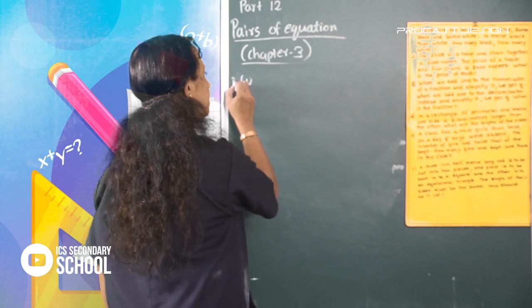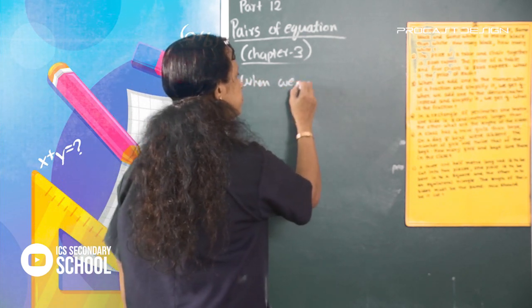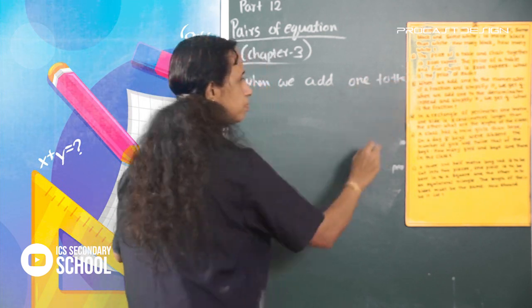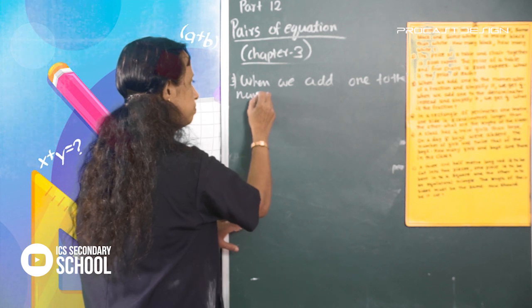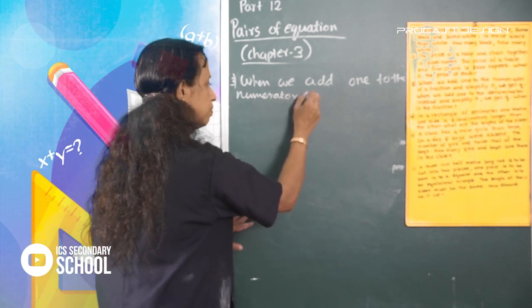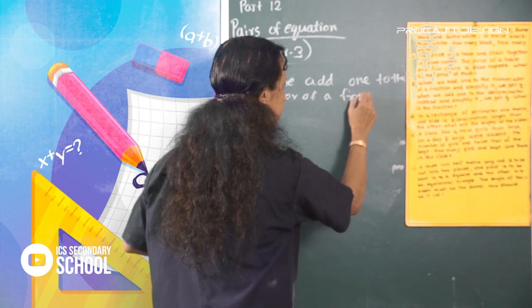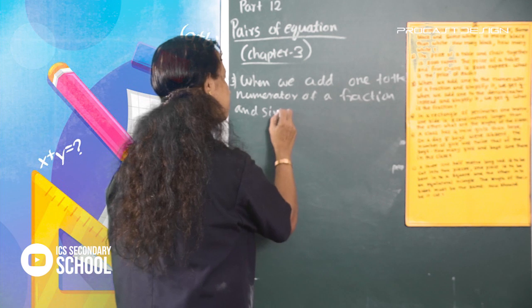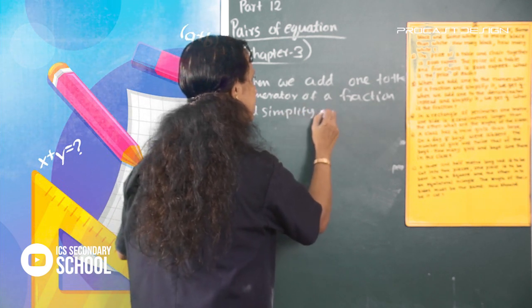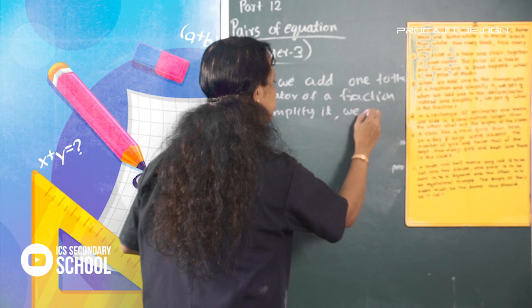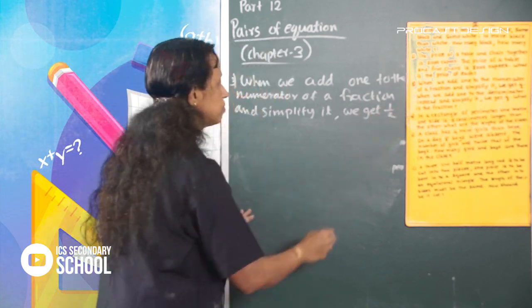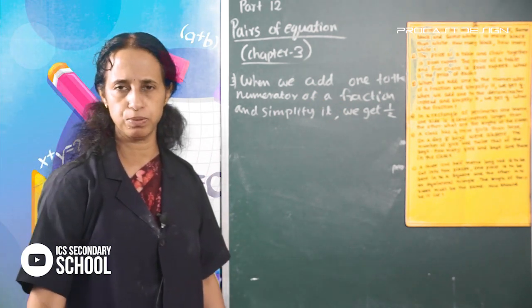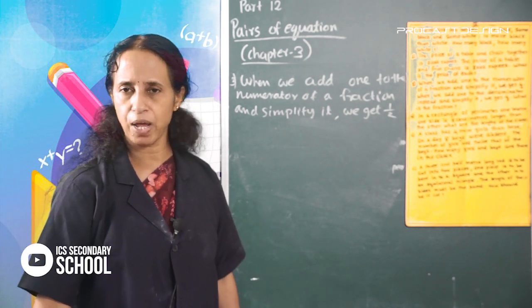Look at the third question. When we add 1 to the numerator of a fraction and simplify it, we get 1 by 2. Here, take a fraction equal to x by y.